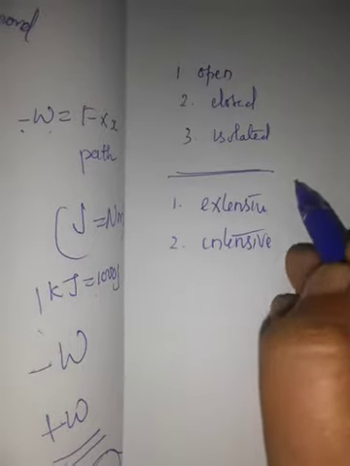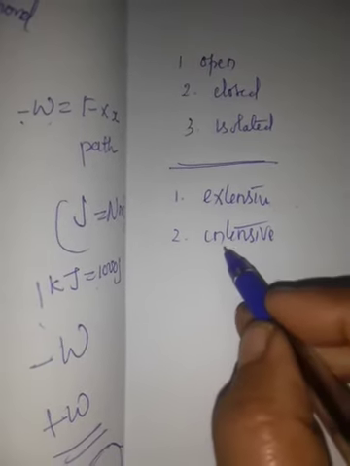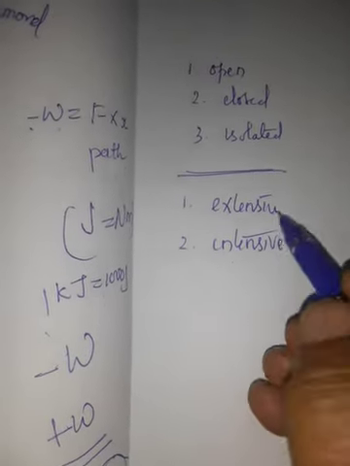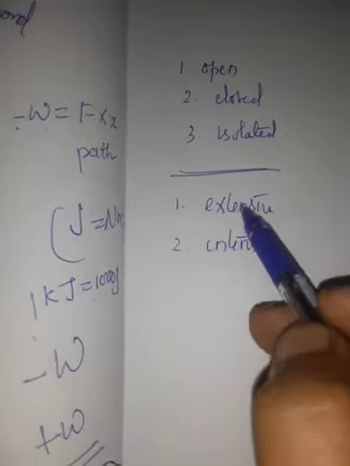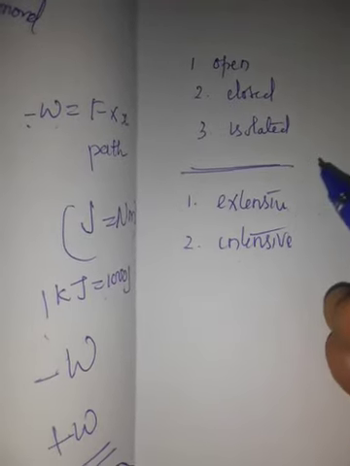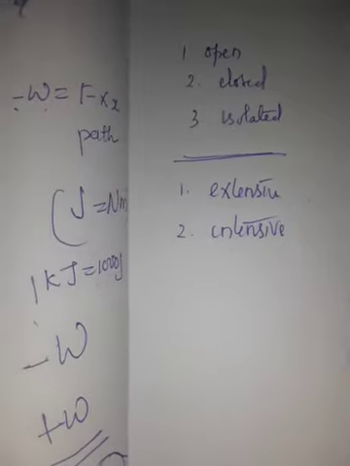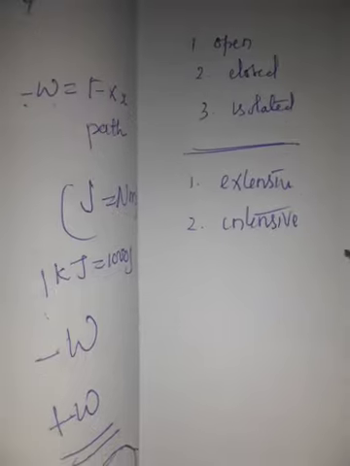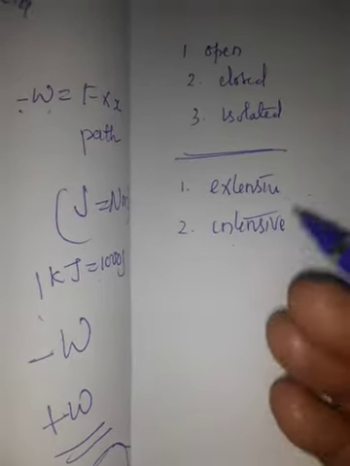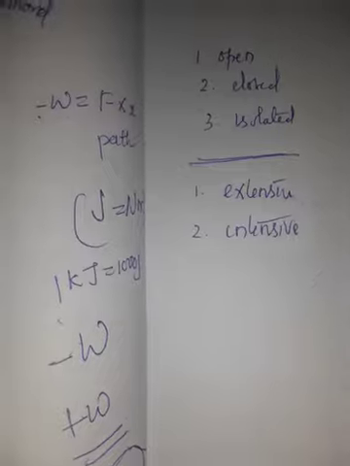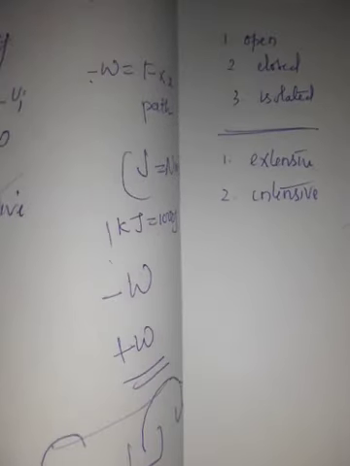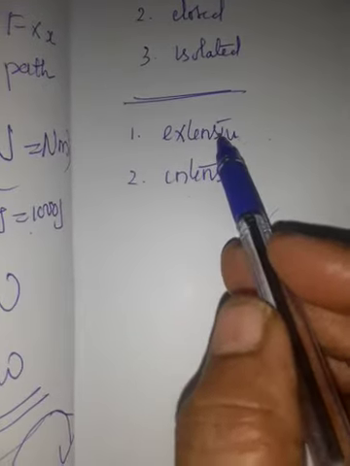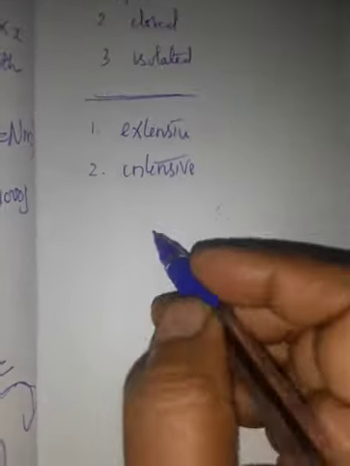Intensive means which is independent of mass or size of the system. Examples of extensive property are volume, number of moles, mass, internal energy, etc. For intensive, which is independent of mass or size, surface tension, density, temperature, boiling point, and so on. These are the two properties.